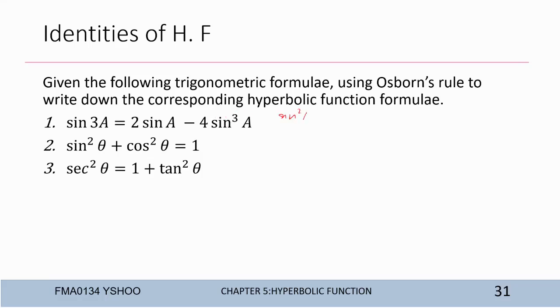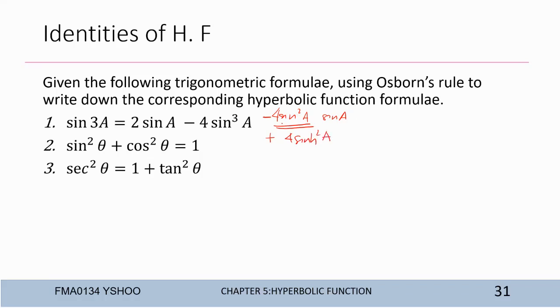The sine cubed actually is sine squared a multiplied by sine a, and this is a negative 4. So these two make it change the sign, and this one becomes plus 4 sinh a.